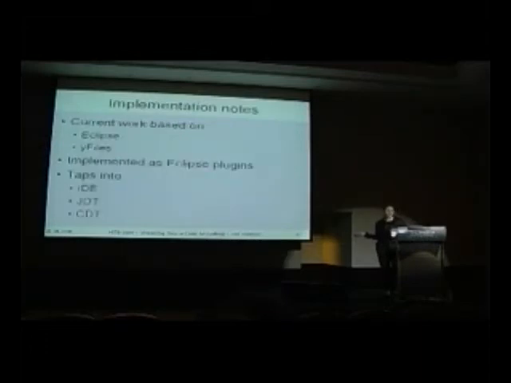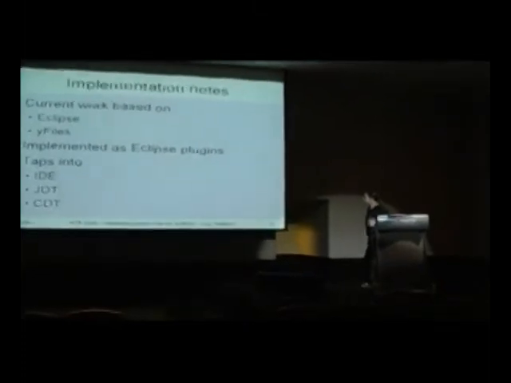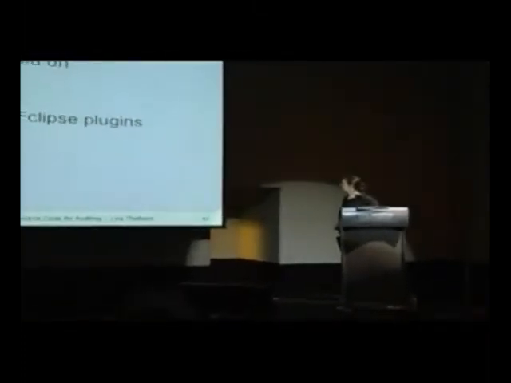Implementation notes on what you saw: at least one thing runs, and the work I'm currently doing is based on Eclipse. If somebody has seen Helva's work and finds it at least visually similar to what I'm doing, that's because we use the same graph library. And it's implemented as Eclipse plugins and uses the IDE and the Java development tools and the C development tools, which are actually quite cool, although Java is a bit annoying.